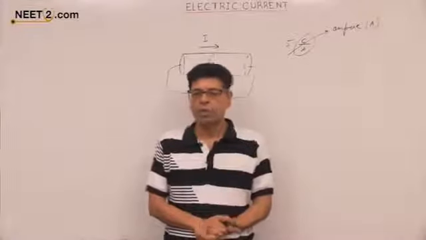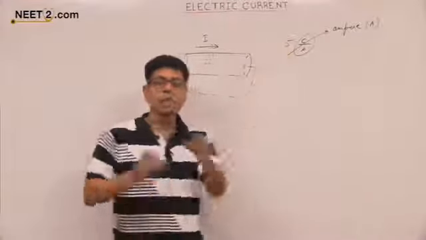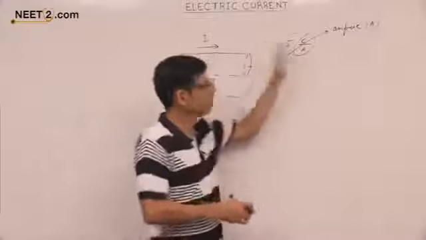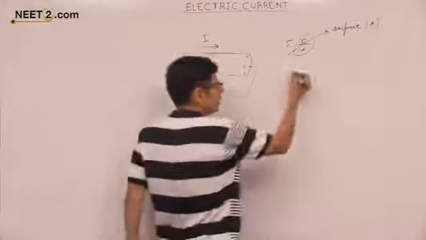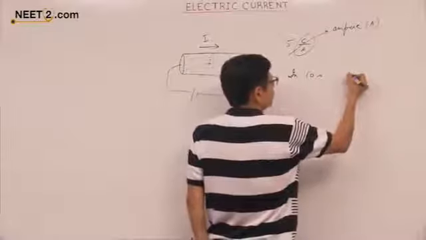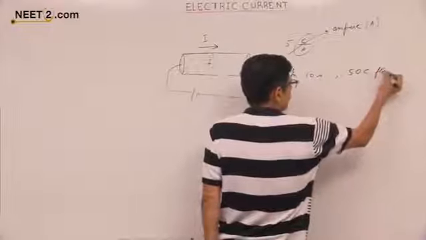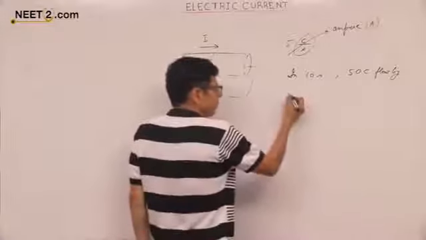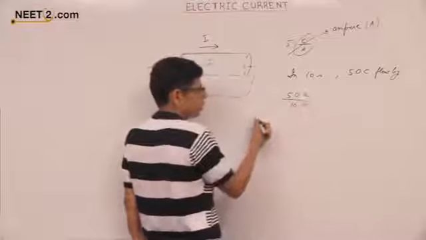Now, let me share with you how I came to know in my investigations what told me that the charge was going past at this rate. What I actually did was I waited for 10 seconds. So I found in 10 seconds, 50 coulombs flew by. So I concluded 50 coulombs went in 10 seconds, so per second charge was flowing at this rate.